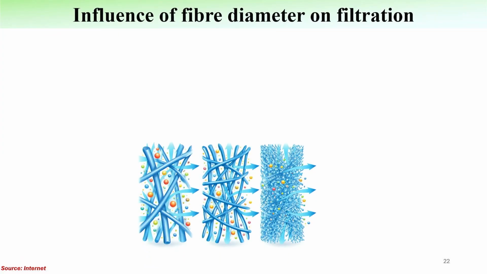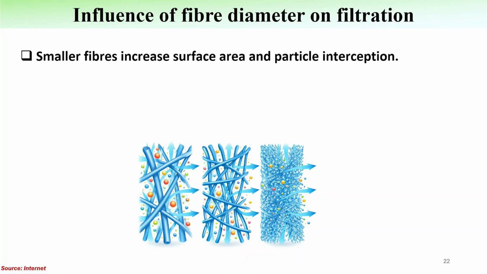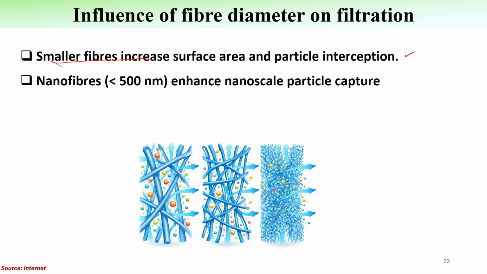So, fiber diameter we can change to control the filtration. Smaller fibers increase the surface area and particle interception. This we have discussed in detail in the filtration topic. For any virus and bacteria we can trap using the smaller fiber surface, which provides higher surface area and entraps the virus and bacteria.